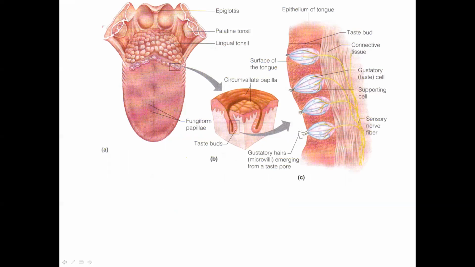Okay, so here's what those would look like. Right, you have the gustatory cells. Okay. And then you have the sensory nerve fiber. The whole thing is called the taste bud.